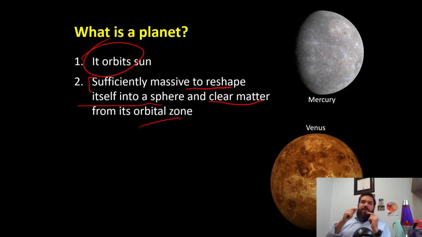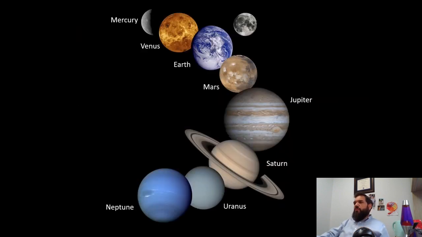Also, when your mass becomes so large, your gravitational field increases. And therefore, you're able to suck up and clear out a lot of the debris and material that's in the orbital zone. So once your mass becomes so large, you're able to do those two things. And that's when you officially become a planet.